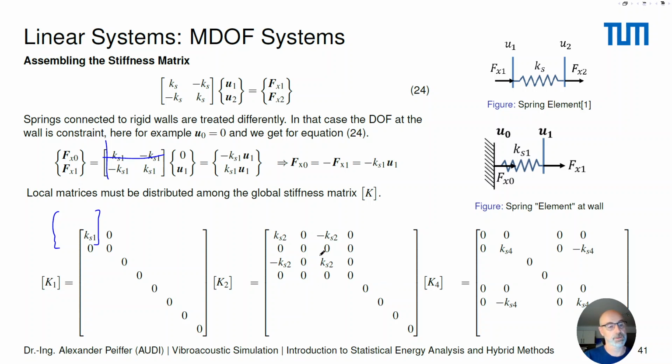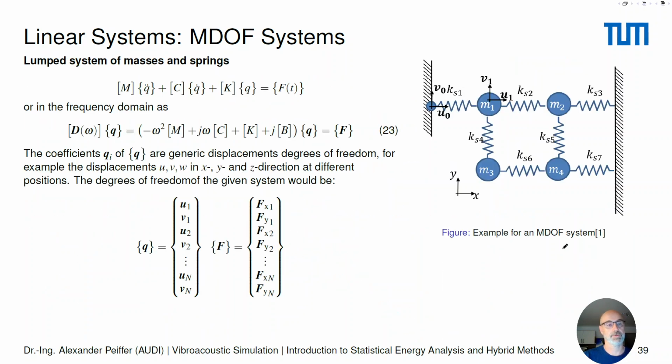If we come, for instance, to the second spring, this is just moving in x direction. We go back to our figure again, so this is just moving in one direction.